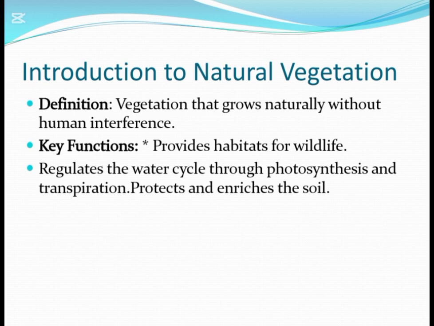The last point is the soil. Have you ever seen how beautiful and dark the soil is in a thick forest? That's because plants enrich it with nutrients and protect it from being washed away by the wind or rain.